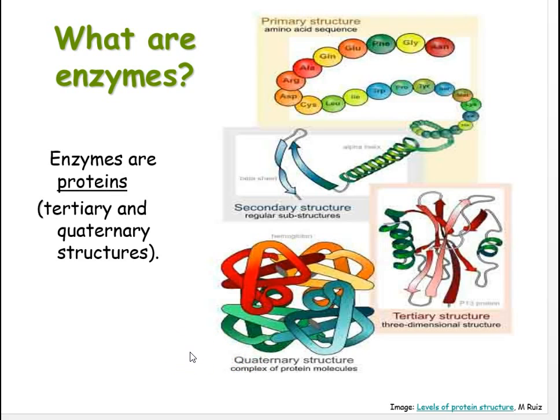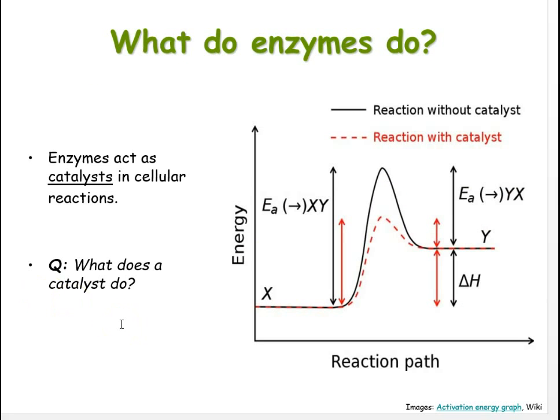Quaternary usually is 4, but this could be 18 pieces, this could be 12 pieces, or 2. When you put these guys together, this is going to be the functional product. So an enzyme is one of these guys, a functional product, and they do a specific task in your body. And what does an enzyme do?